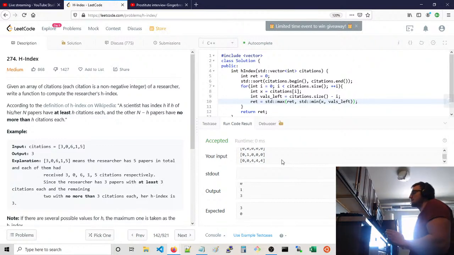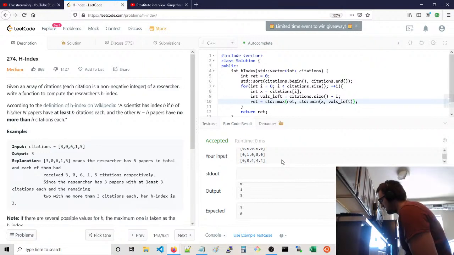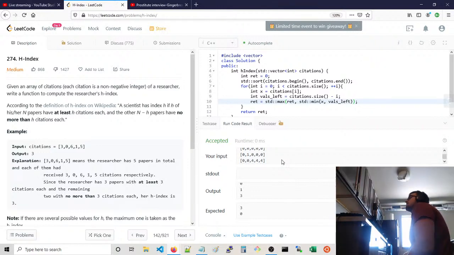What happens? So you see 4 and you say, okay, that value that we're looking at, so that value and everything to the right of it is going to be greater than or equal to that value.